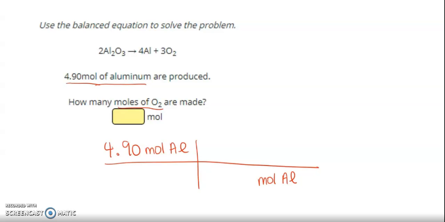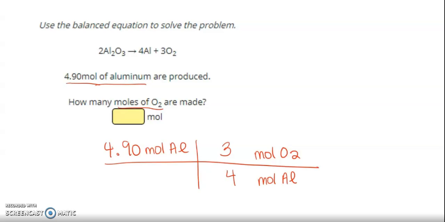I'm trying to get to moles of O2. I can actually go straight there, and that's because for the mole to mole change, if you're changing substances and you have moles and go into moles of something else, you can use the balanced equation. You'll see that 4 moles aluminum is made for every 3 moles of O2 made. And that's it, we've got to moles O2.